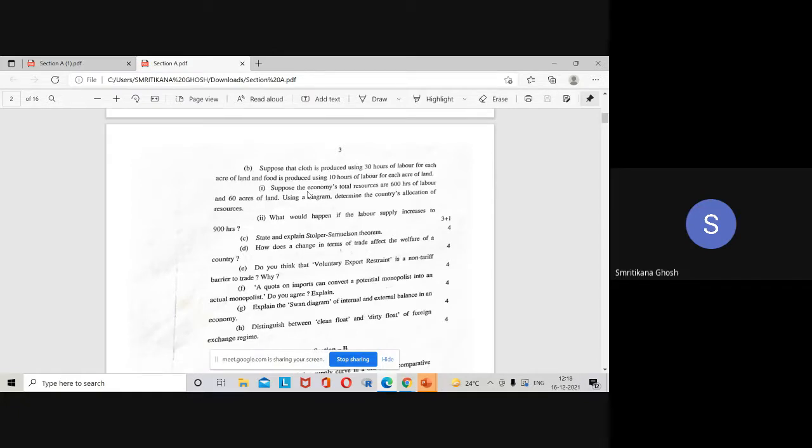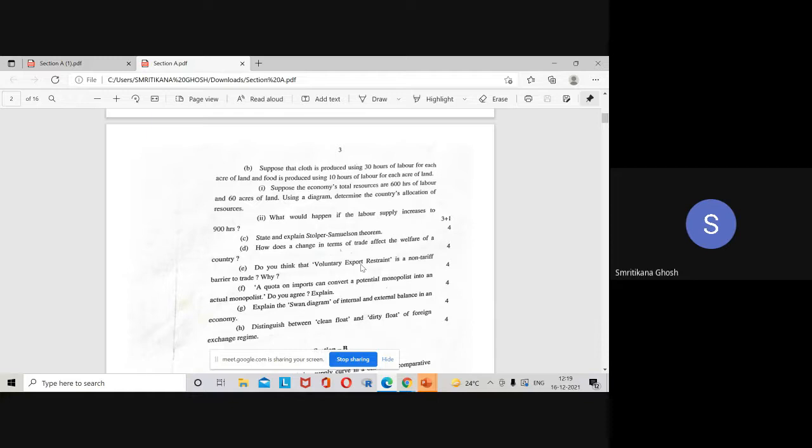If I could draw here, you would see two downward sloping straight lines, but not parallel to each other. The outer one is the new PPF. Say you are measuring cloth on the horizontal axis. In that case, the horizontal intercept will be more as compared to food for the second part of the question, for 900 hours. Okay, ma'am, because the clothing is using more labor.